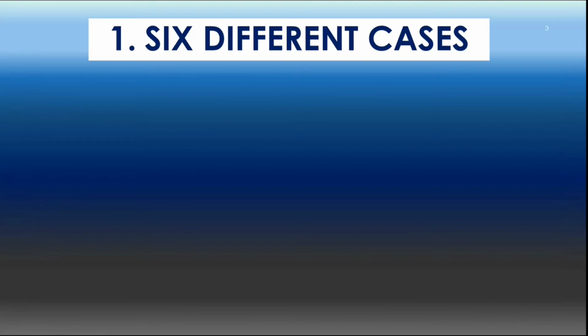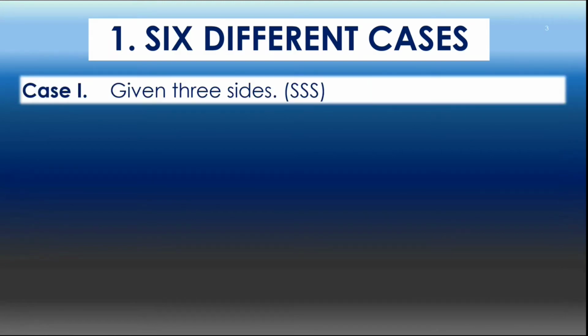Okay, so for the first subtopic, which is the six different cases, since we are referring to the oblique spherical triangle, of course there are three sides and three angles.